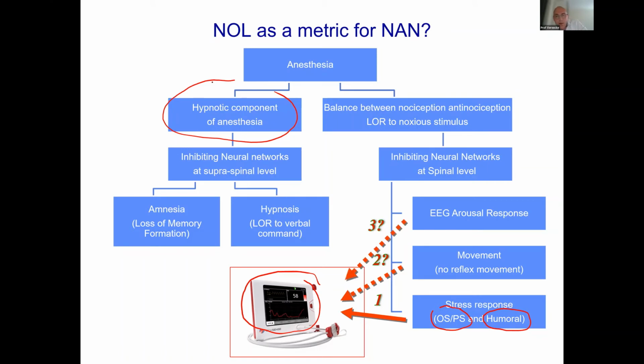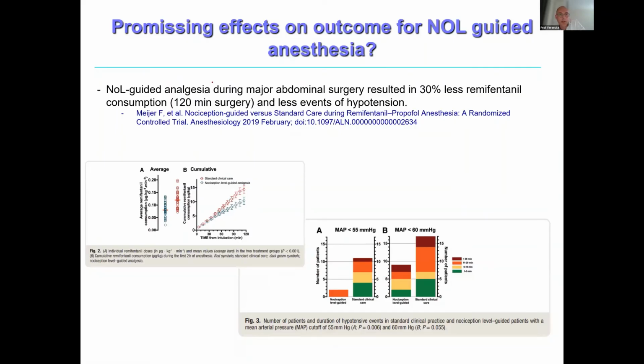Also, will you be able to reduce your risk for an arousal response on the EEG, which increases the risk for awareness? I'm not sure, it needs to be shown. But what I think is unique is that the noxious stimulus is included in the algorithm of the NOL. That's something new and was a bit of a missing link in our quantification algorithm.